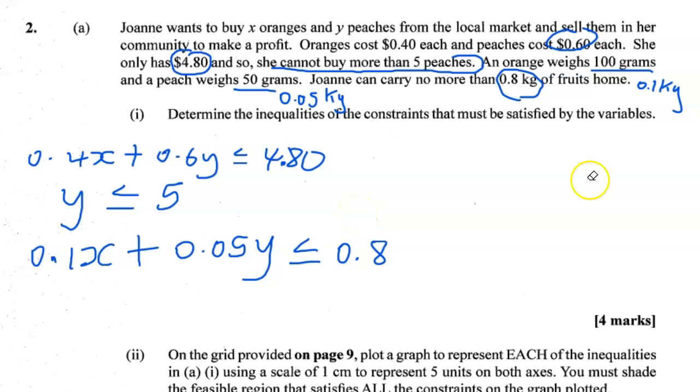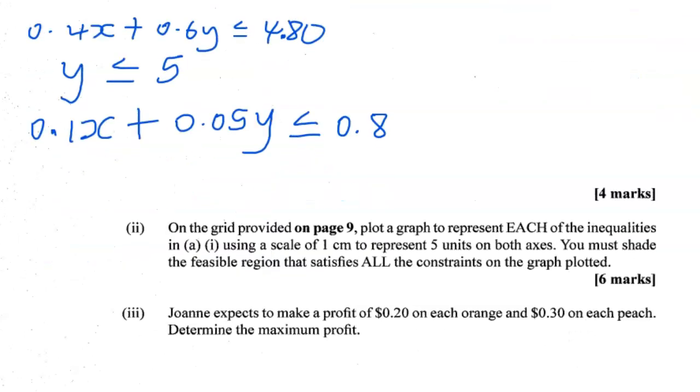Let's represent these inequalities on a graph. So on the grid provided on page 9, plot a graph to represent each of these inequalities. Using a scale, there was an error with this paper. The 1 to 5 should be 1 to 1. So 1 centimeter to represent 1 unit on both axes.